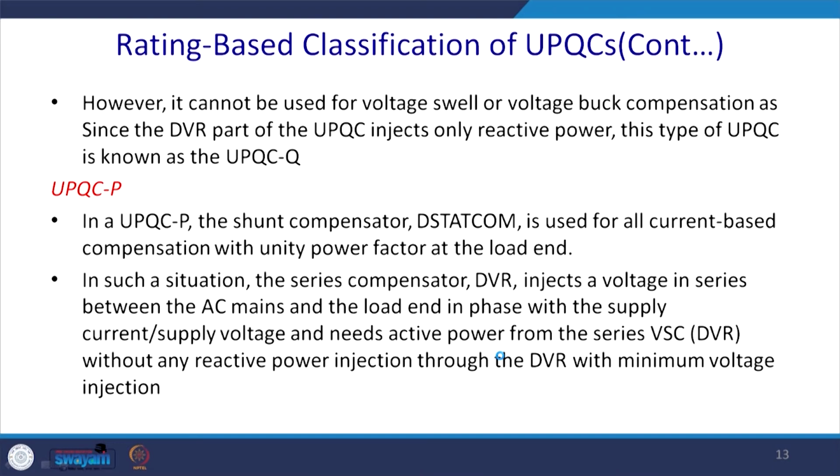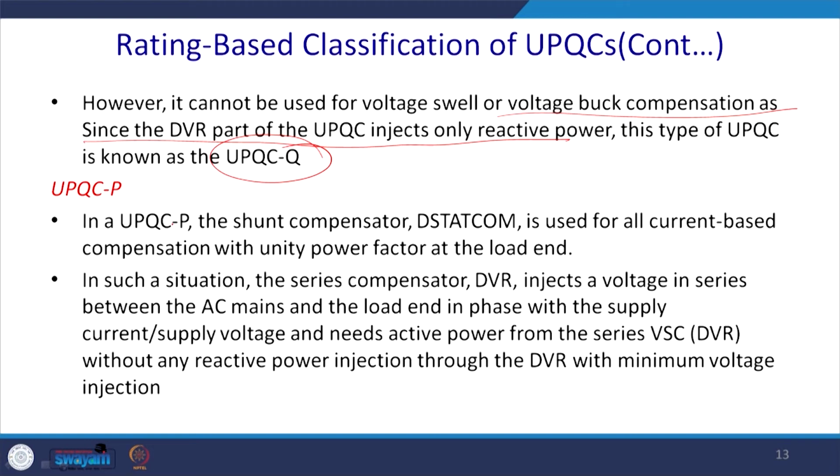However, it cannot be used for the voltage swell or the voltage buck compensation, since the DVR part of the UPQC injects only the reactive power, and this type of UPQC is also known as the UPQC Q, and the figure of the UPQC P has been shown in the previous page.